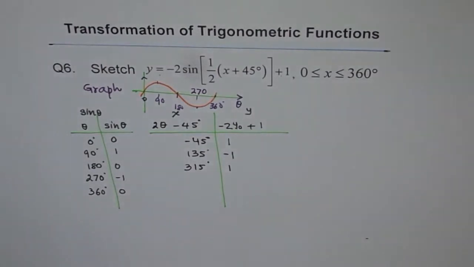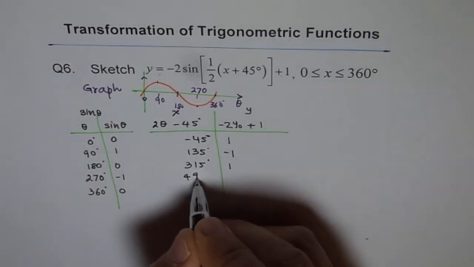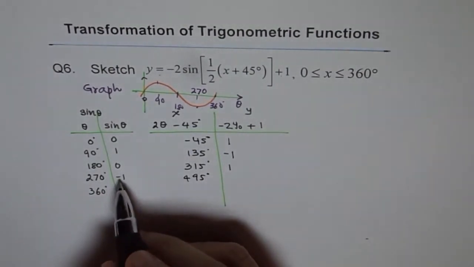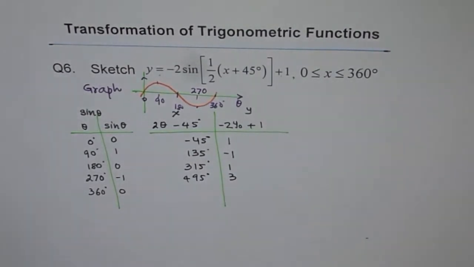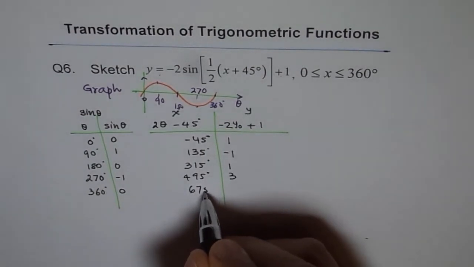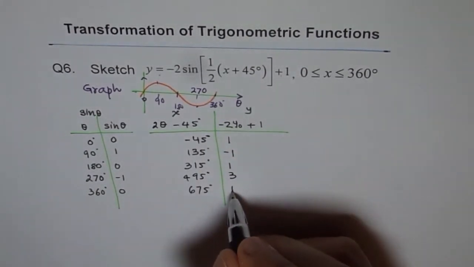Now 270. 270 times 2 is 540, and taking away 45 we get 495. So we get 495 degrees here, and this is minus 1. Minus and minus make plus, so it is plus 2 plus 1 is 3. Now 360 degrees, 2 times 360 is 720. We take away 45 from 720 and we get 675. So 675 degrees here, and when you plug in 0, you get 1 here.